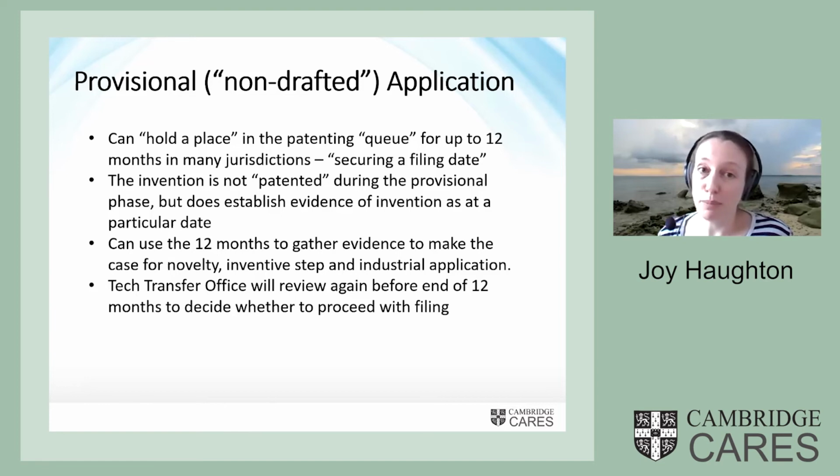That can be a bit disappointing for people at that stage. So it's well worth having some conversations with the tech transfer office, really making sure you fully understand what you should use that 12 months for. And if in doubt, those three factors, the novelty, the inventive step, and the industrial application, are going to be the ones to concentrate on.